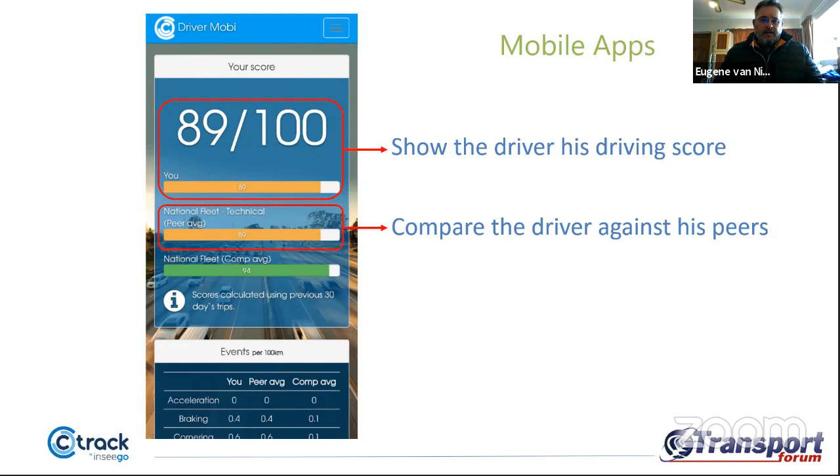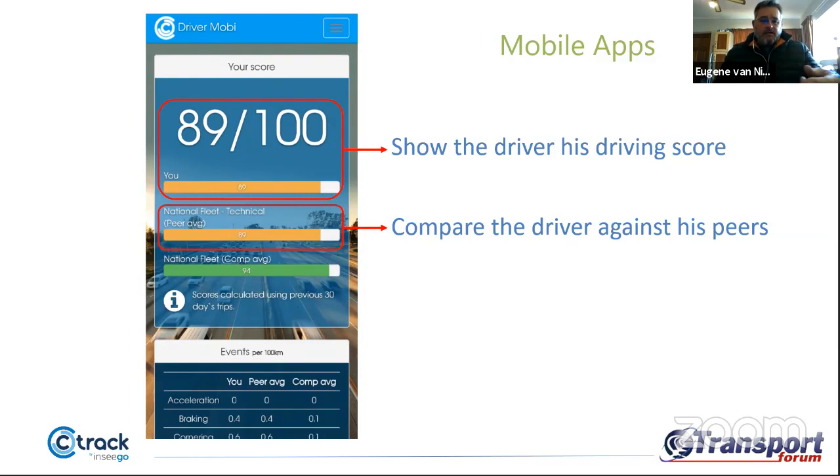If I measure him against his peers, the guys he works with on a daily basis, the other drivers that are transporting, or the other taxi operators, or the mining vehicle that's working, if I can show the driver how he compares to those guys that are similar to him, I think that has huge value.